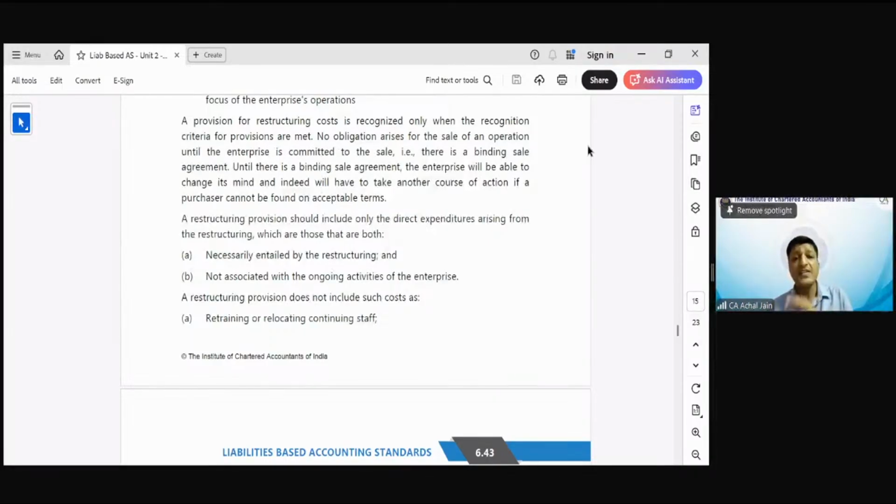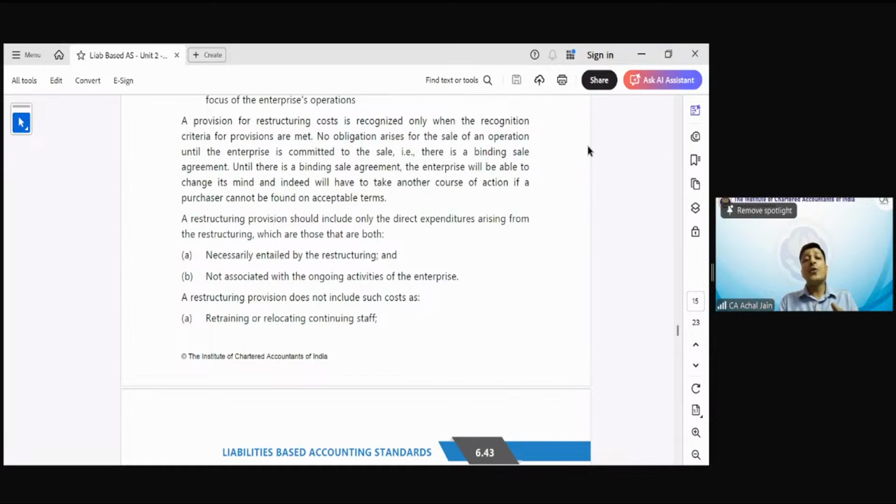But in this case, the standard talks about certain conditions. The standard says that such a scheme of restructuring should have been approved. For example, if a unit is planned to be sold, there has to be a board approval in place.